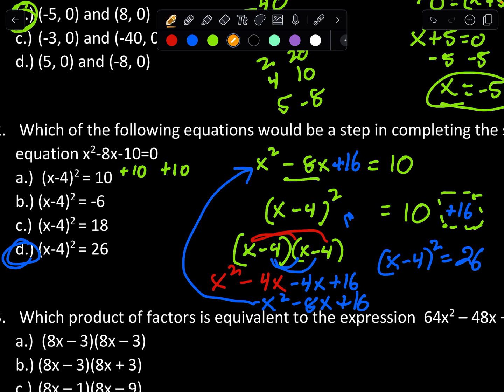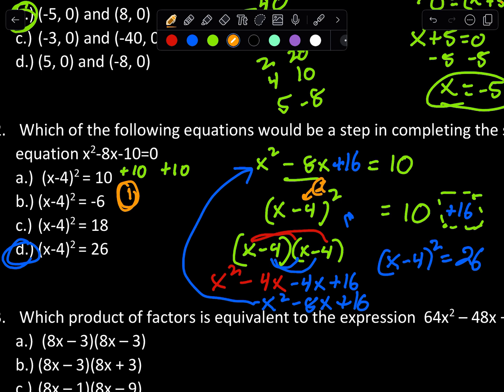I moved this number over to the other side, right? That was the first thing that I did there, and then the next thing that I did was I found out, hey, what is the number that goes right here?